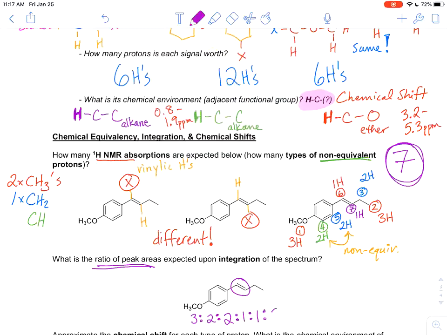We have the CH2 group, so 2 hydrogens, and then that last methyl group. So you're going to have 7 signals, and when the instrument integrates the peaks for you, that's the ratio that you'll get. Great, so that's what I want to say about that.